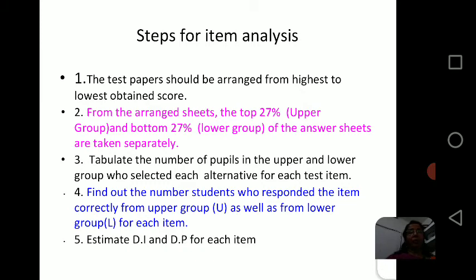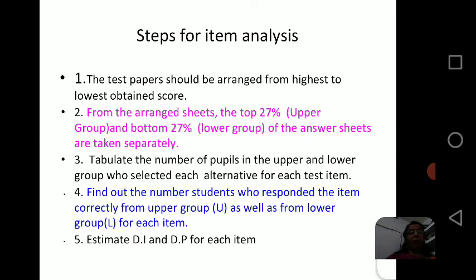So you get U, L and n for item number 1. Then you calculate U plus L by 2n as DI, difficulty index, and calculate U minus L by n as discriminating power, DP, for item number 1.